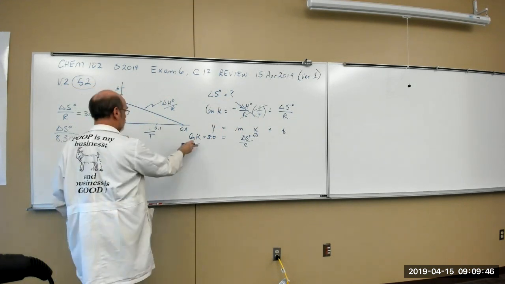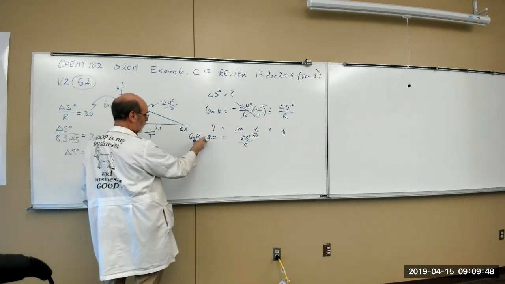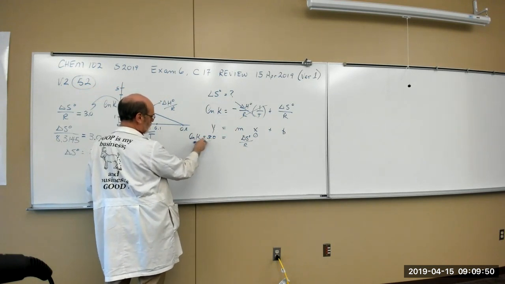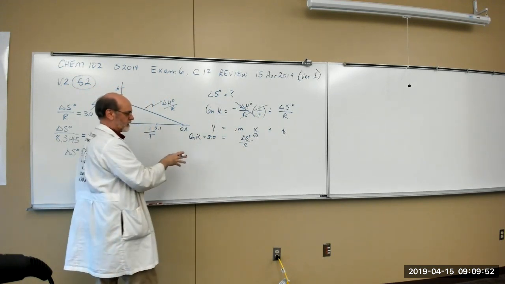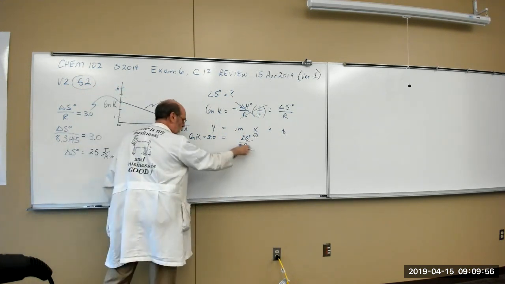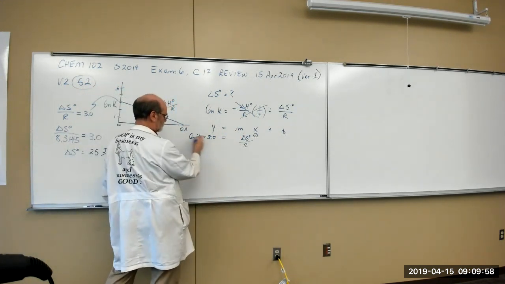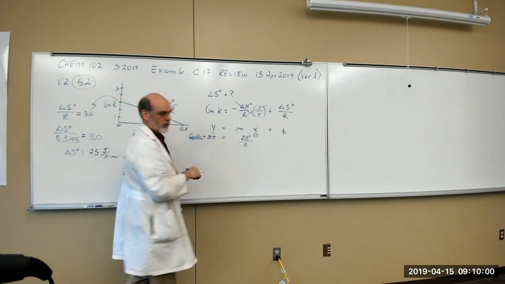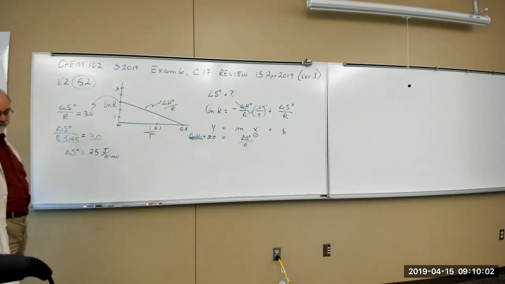We could find out what k is from there, right? At that point, we just solve for k. But that's not what we're interested in. We're interested in delta S. So we just say this part equal to that part and solve for delta S.